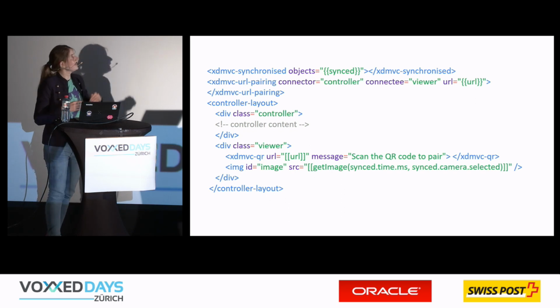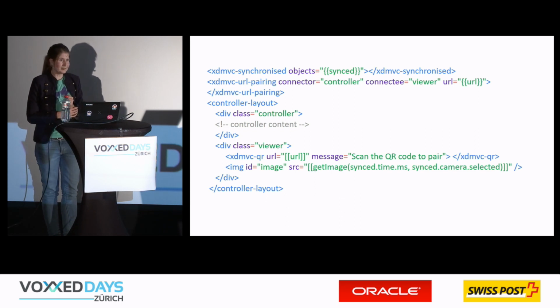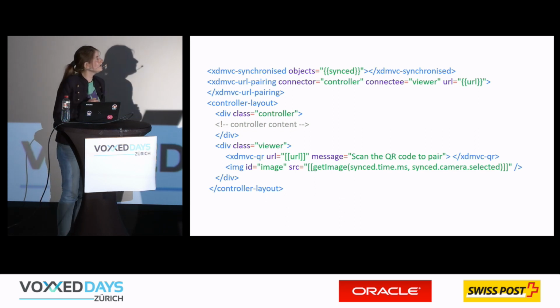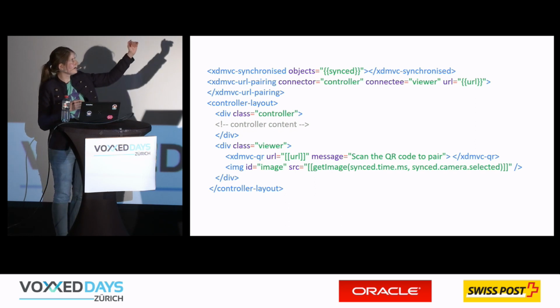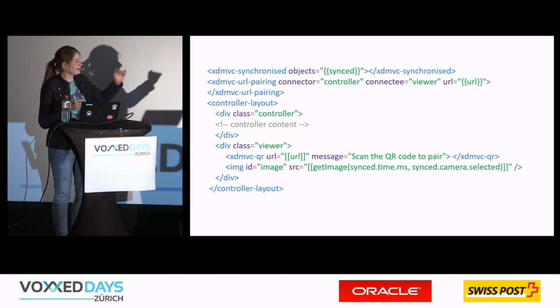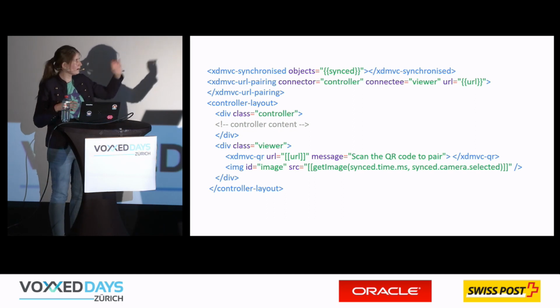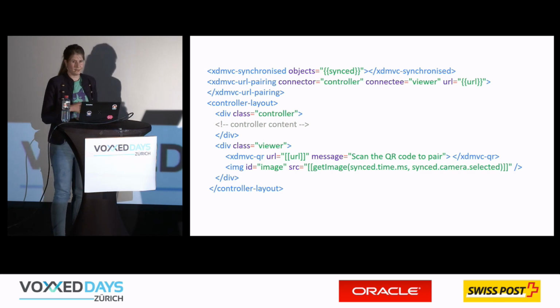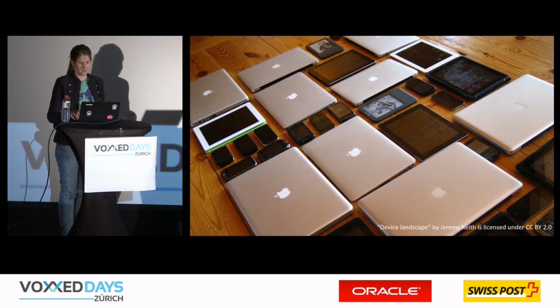So we have the state synchronization at the top, then we have the pairing based on the URLs, we have this layout template with the content for the phones, the controllers, which is not shown here, and then the content for the viewer, the big screen. So the viewer essentially just shows the QR code for the pairing and the image itself. And the rest of the 300 lines of code was mainly import statements, CSS, and then also some JavaScript to handle user interaction.